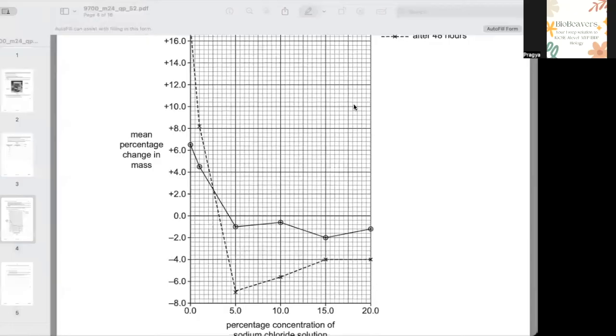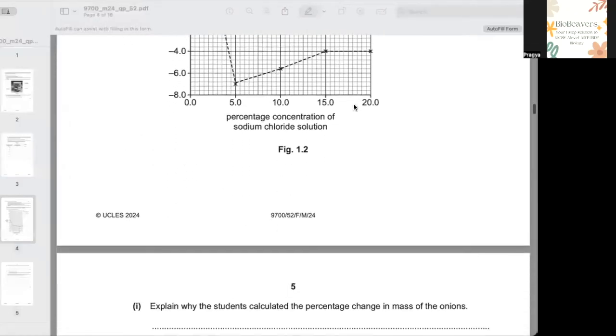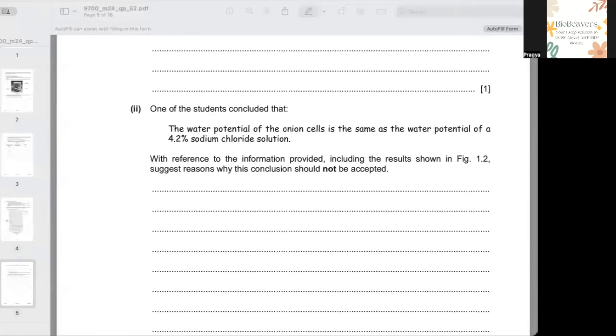Have they given any data about standard deviations? We don't see anything. So obviously, your first point in this question becomes that there is no statistical analysis which has been done in this experiment.